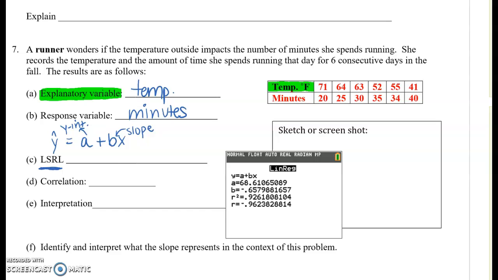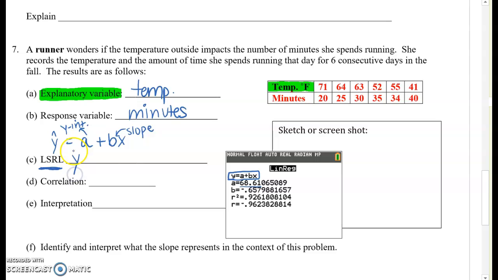Now I'm going to write my line of best fit. So as you can see, make sure your equation is at the top here. It says y equals a plus bx. So in this case, my a value is 68.61.